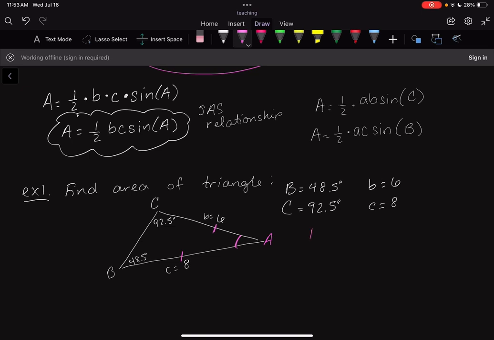So I would do A is equal to 180 minus my other two angles. So 180 minus 48.5 minus 92.5. And this tells me that A is equal to 39 degrees. So that helps us out.